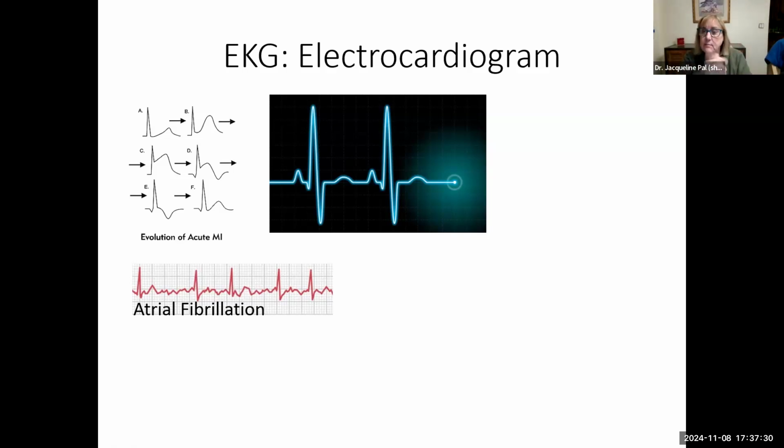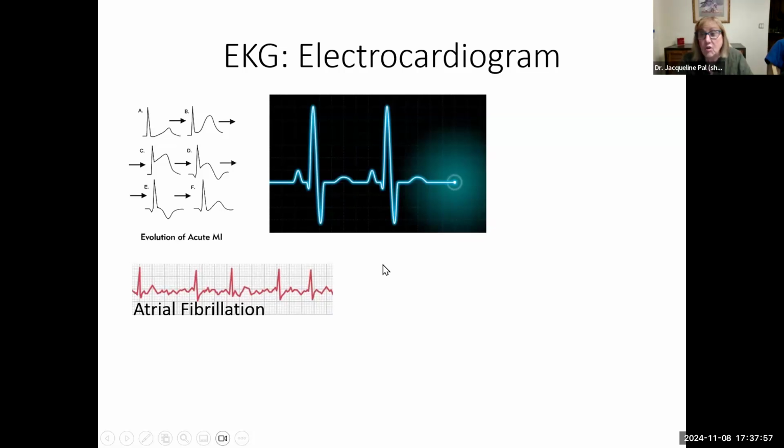It sends its impulse through the bundle of His, but the heart rate will be somewhere between 50 and 60 instead of the normal 60 to 80. And it won't be a steady rate like with the sinoatrial node. So you can see here, we still are getting the normal ventricular complexes, but they are irregular in their spacing. So that's what atrial fibrillation is.